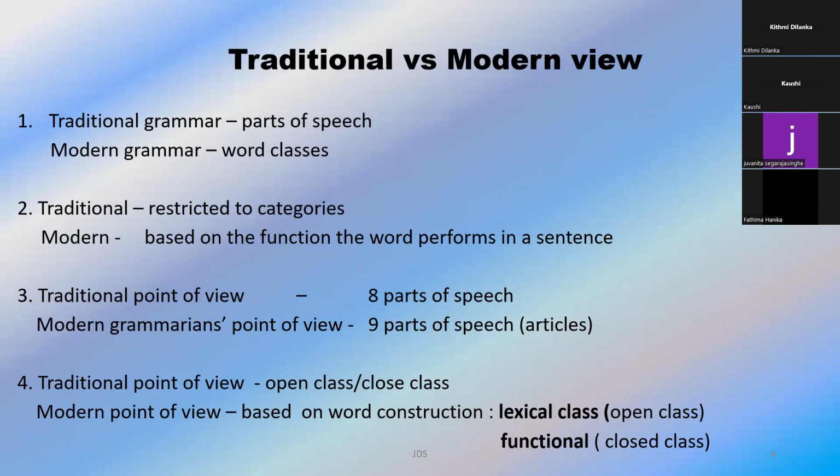For example, nouns. The number of nouns in a language can get changed over a period of time. They will definitely get changed. Same with verbs, adjectives, adverbs. You don't have a fixed number. They keep on changing. Those kinds of words were known to be open class words from the traditional point of view.